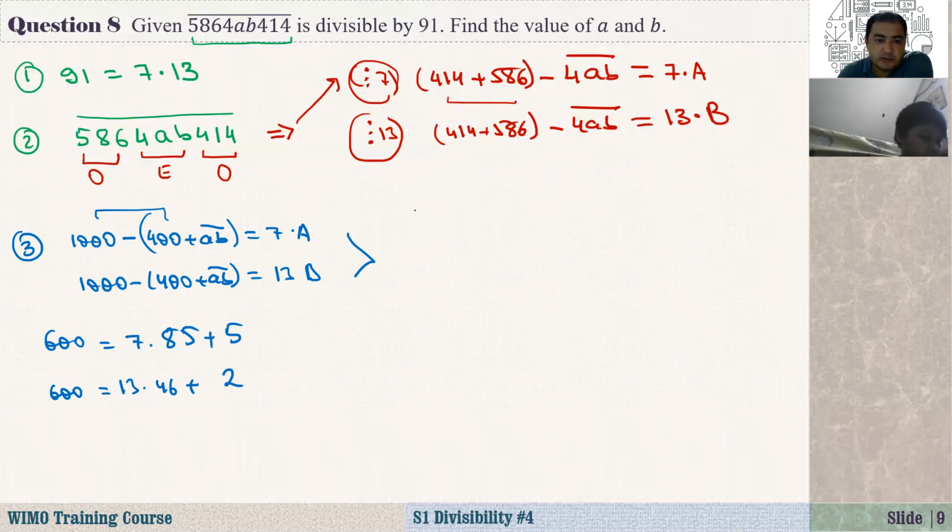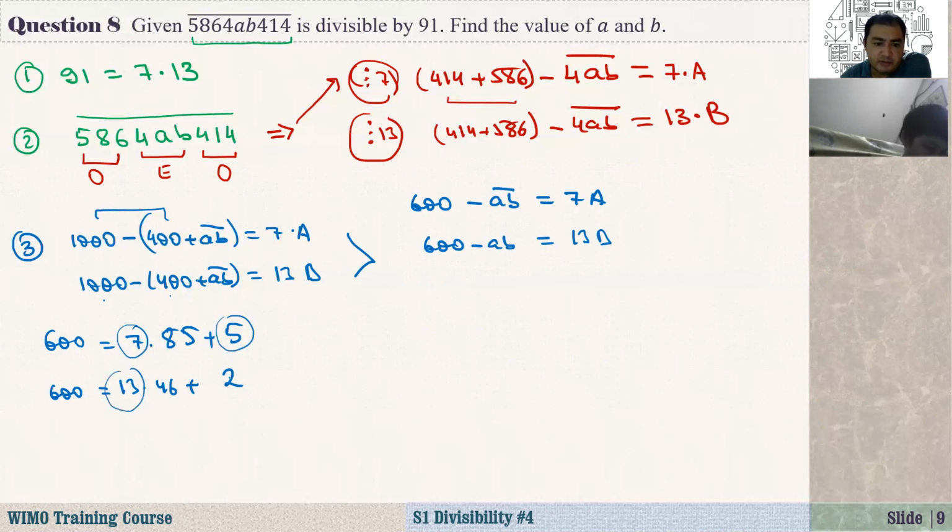So let's continue here. We have 600 minus AB is equal to 7A, and the second one, 1000 minus 400, that is 600 minus AB is equal to 13B. Now 600, if you divide by 7, the remainder is 5, right? And if you divide by 13, the remainder is 2.